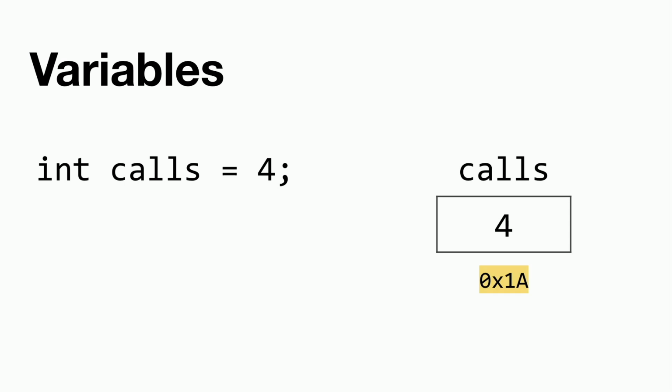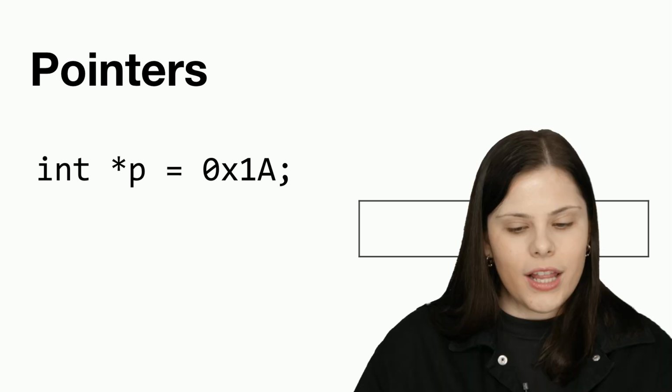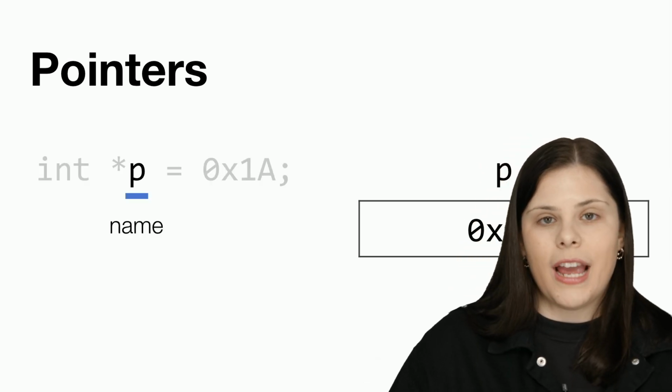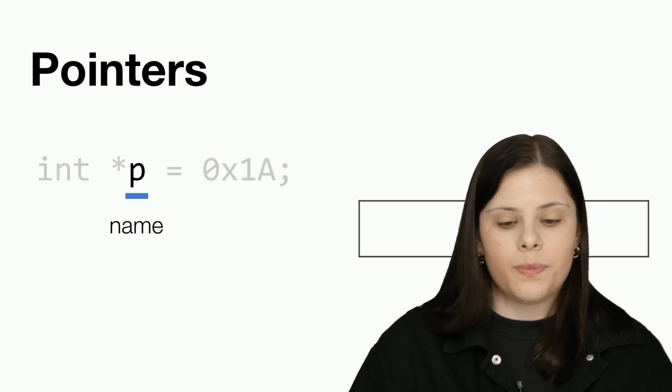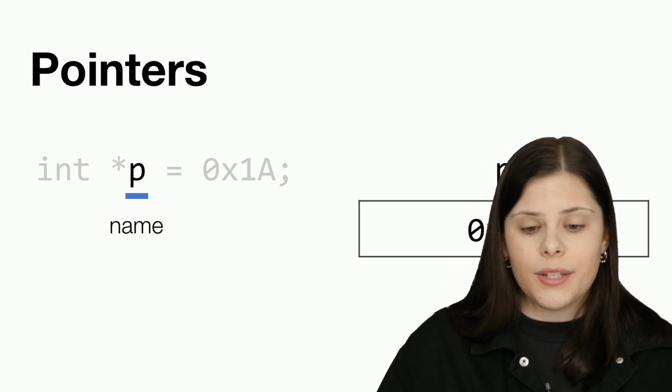Well, recall now that every variable also has an address, and here we came up with a fake one, and it will certainly look different in your system. But every variable has an address, and so using this address, we can now create a pointer. And so what are these pointer things? Well, the setup is again very similar, where we have a name of our variable, which is p, sort of like short for pointer, but again, it can be anything you want.